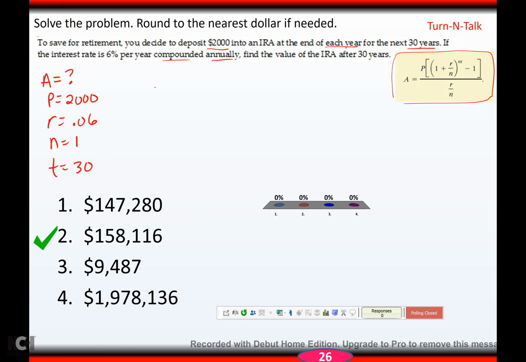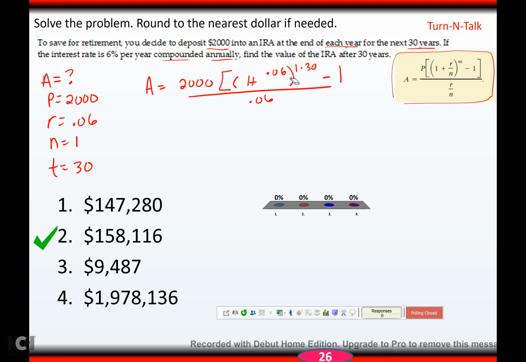So if I plug that in, I get A equals 2,000, bracket, parentheses, 1 plus 0.06 over 1 to the 1 times 30 minus 1 all over 0.06 over 1. Okay, so these I can just rewrite as 0.06s because over 1 is silly.